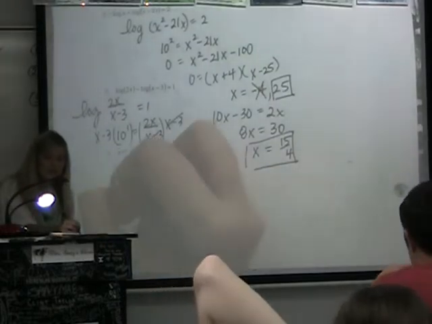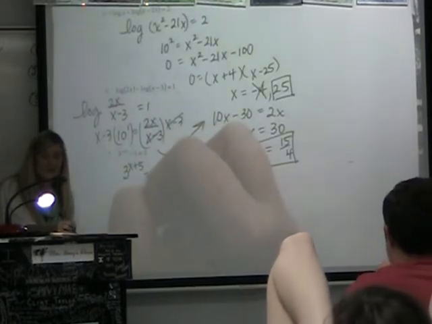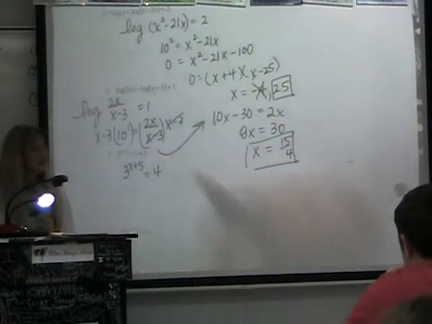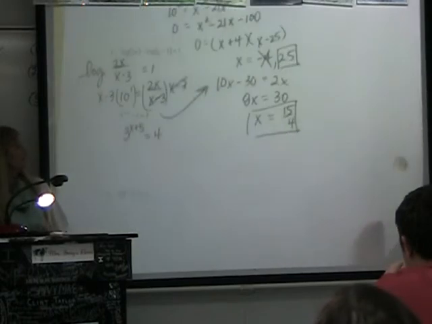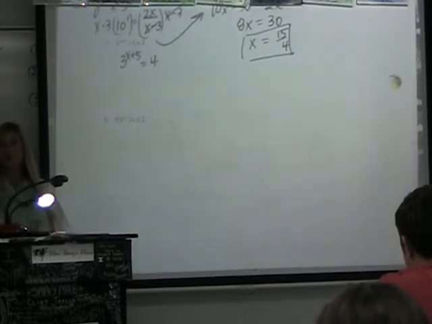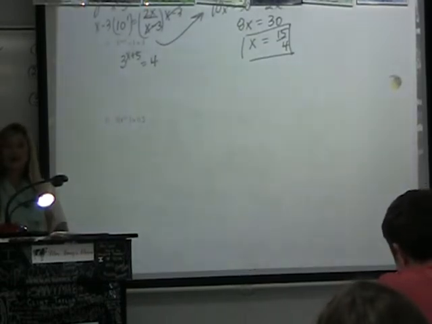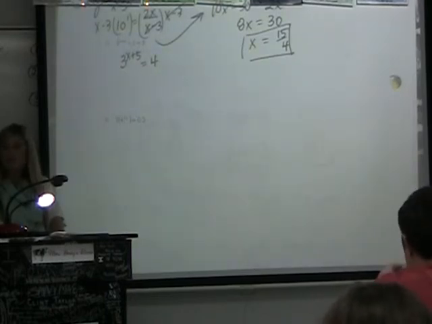So we're going to get the exponential by itself first by adding 1 to both sides. Notice that the x plus 5 is part of the exponential. So once you move the 1 out of the way, you now have the exponential by itself. Now we're ready to change forms.